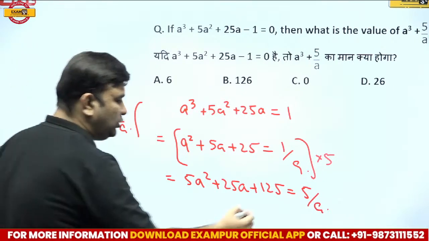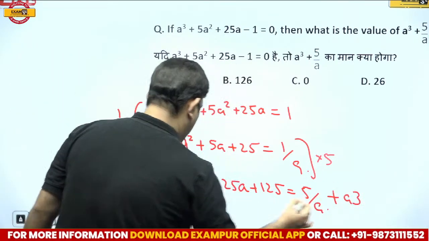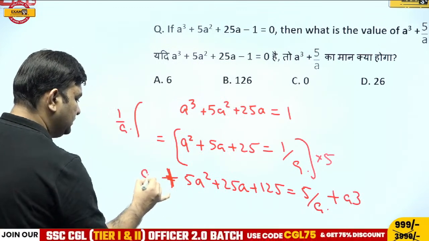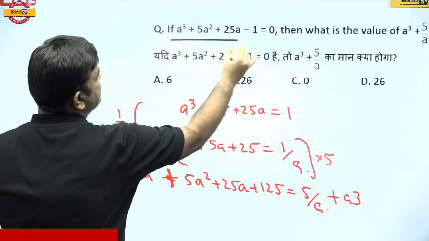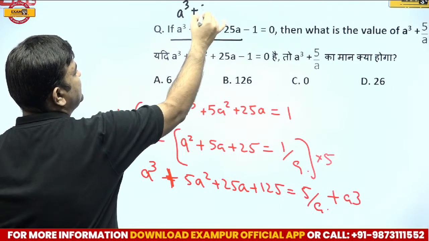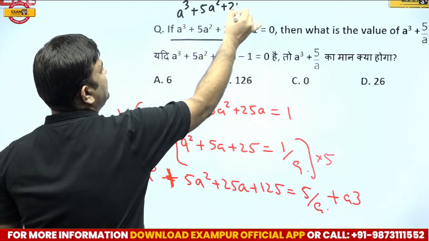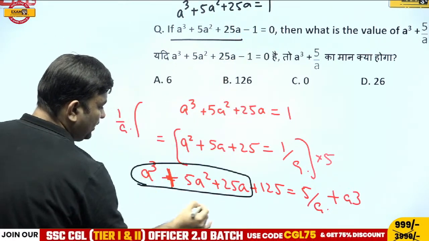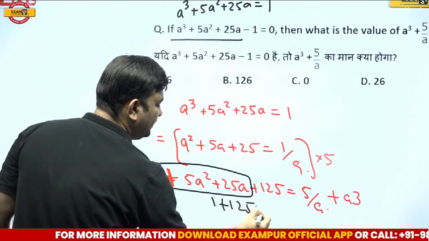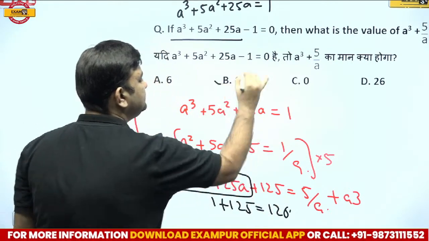You have to add a cube as well, so add a cube on both sides. This value a cube plus 5a square plus 25a is equal to 1. 1 plus 125, 126 is the answer.